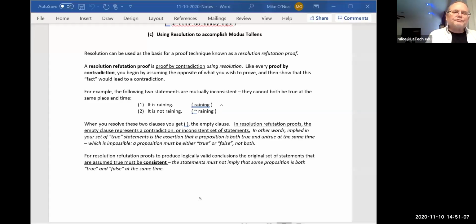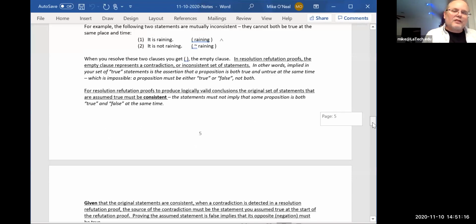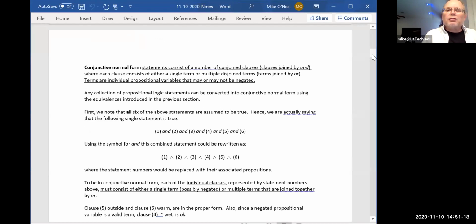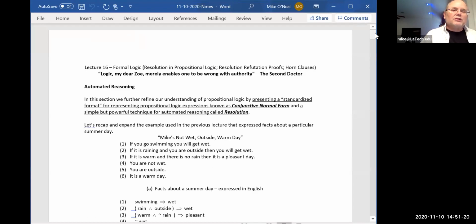Okay. So what are we going to do now? We're going to dive into resolution refutation proofs. Now, remember how I began this lecture. Logic, my dear Zoe, merely enables one to be wrong with authority.